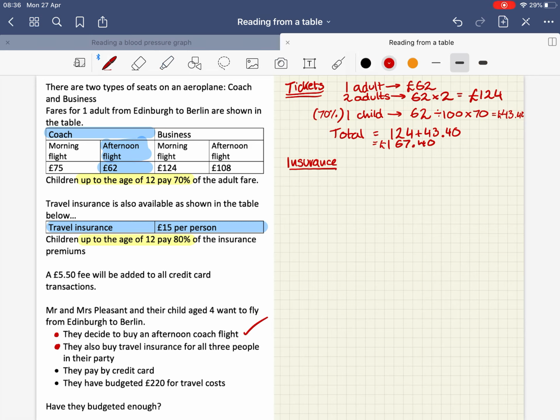So again, I'm actually just going to move this down a little just so it's a bit more separated off from the tickets. So 1 adult, we are told, is £15. We have 2 adults. So it's going to be 15 times 2, which is going to be 30.